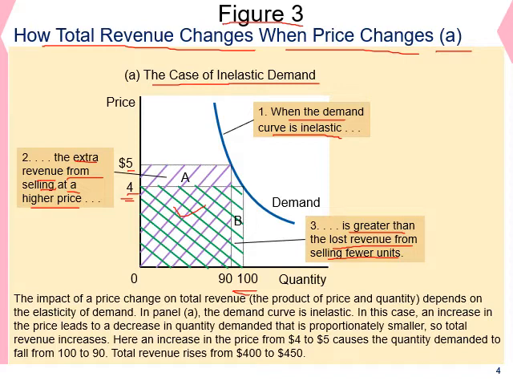So therefore, area A is greater than area B. So the firm will make more money because the demand is inelastic. We can see that with the increase in the price, the total revenue goes to 5 times 90, which is $450. So minus $400, the total revenue would increase by $50.